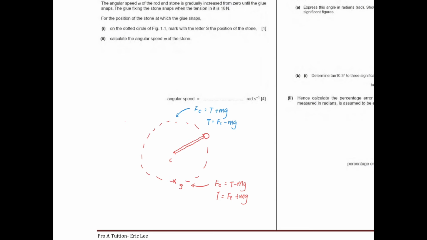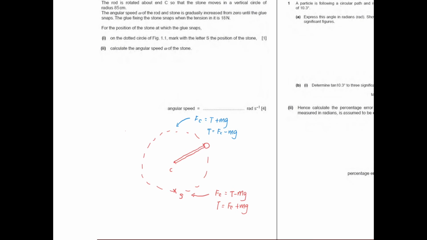You see the information here: the glue fixing the stone snaps when the tension in it is 18 Newton. So the lower position can reach 18 Newton faster than the top position, because the top one has a minus, and minus will make the tension smaller, while this one is plus, and plus will make the tension greater.